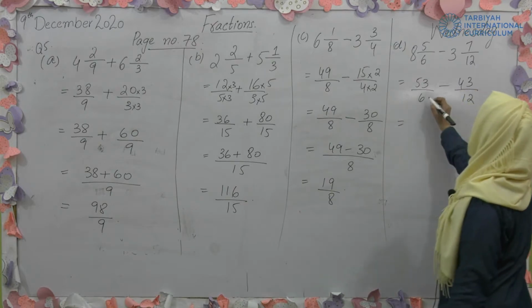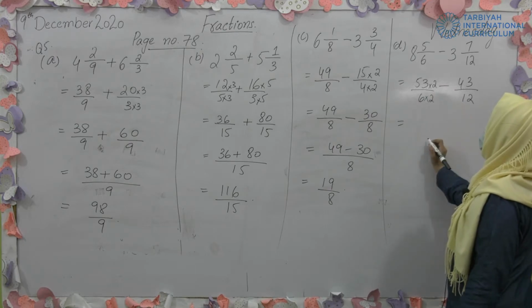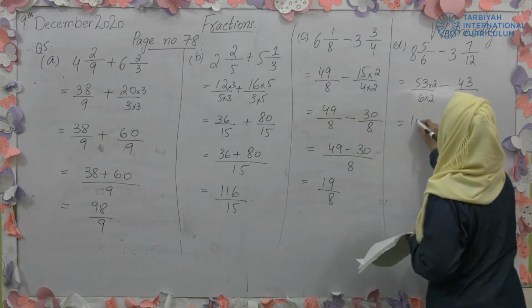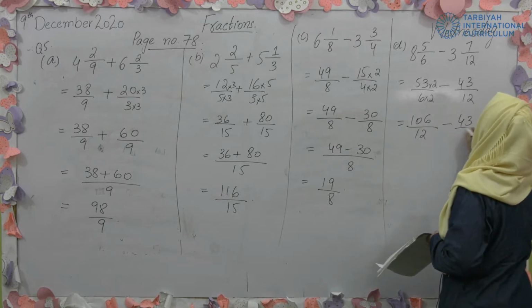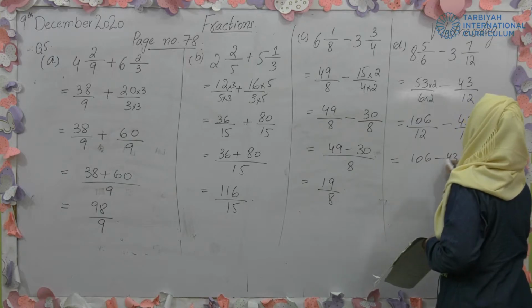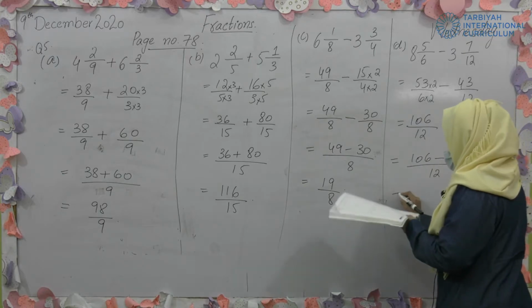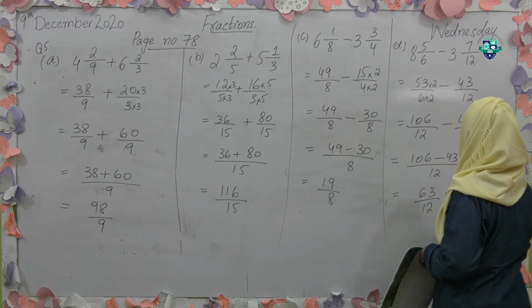Making the denominator the same, 6 2s will become 12, and multiplying this also by 2. 53 2s are 106, 6 2s are 12, minus 43 by 12. 106 minus 43 by 12, the answer will be 63 by 12.